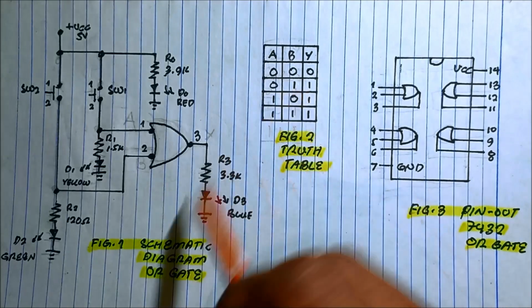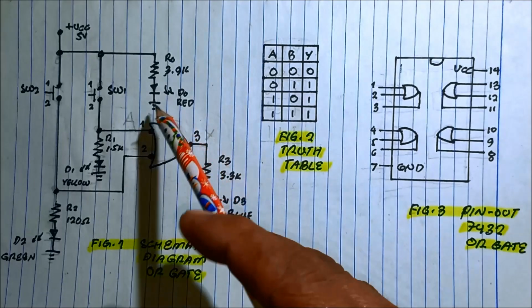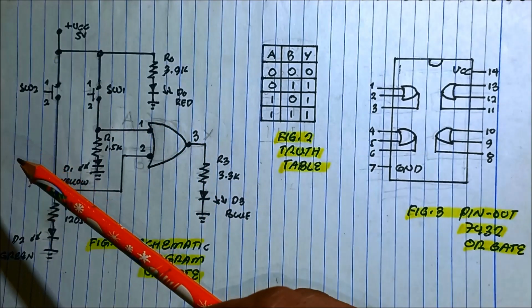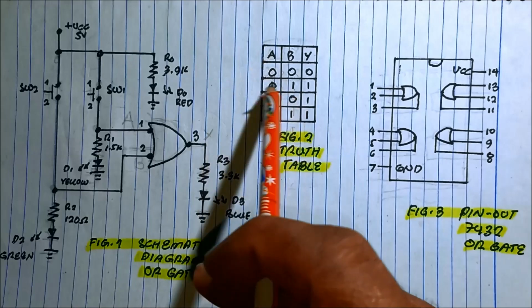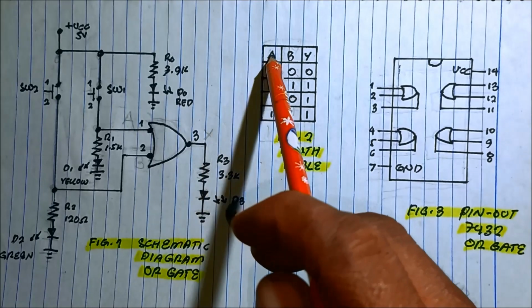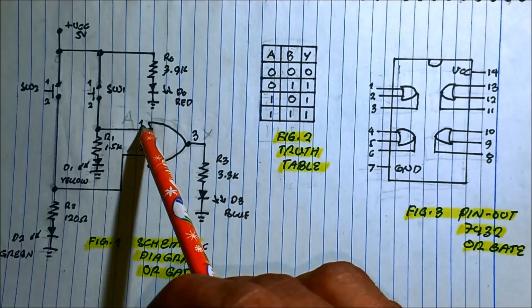And 1 represents a high level logic or on state, or in our case here could be 5 volts. So as we can see here in the truth table, if A is 0, A represents 1.